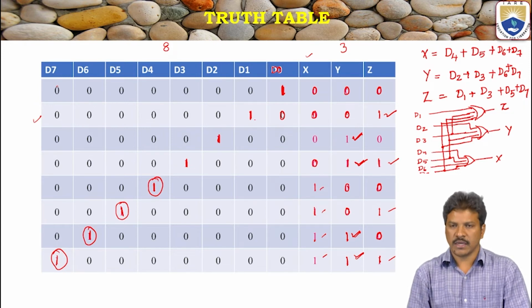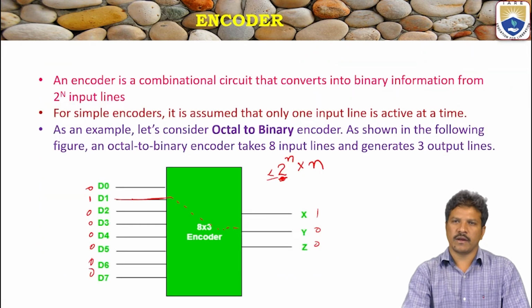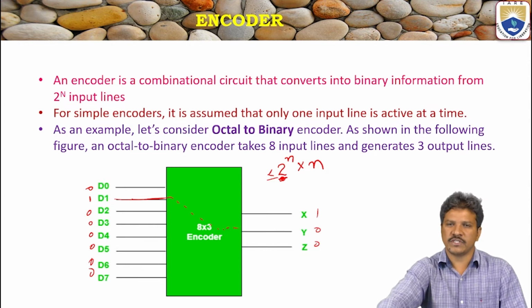So likewise, in order to design an encoder, for example an 8x3 encoder, the first step is the definition of the encoder, which converts an octal equivalent input into binary. Octal means 8 inputs.